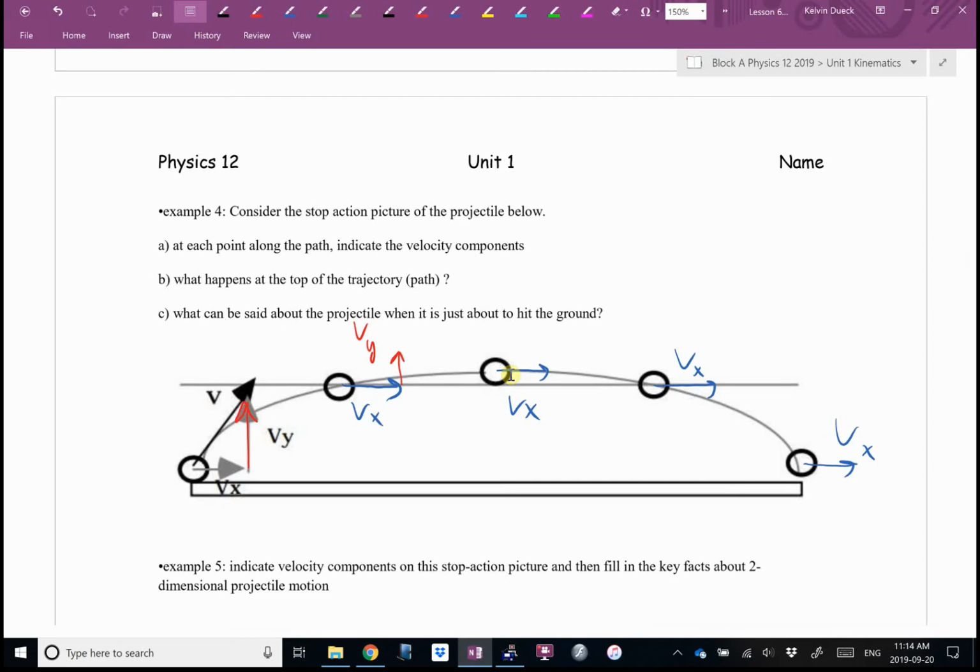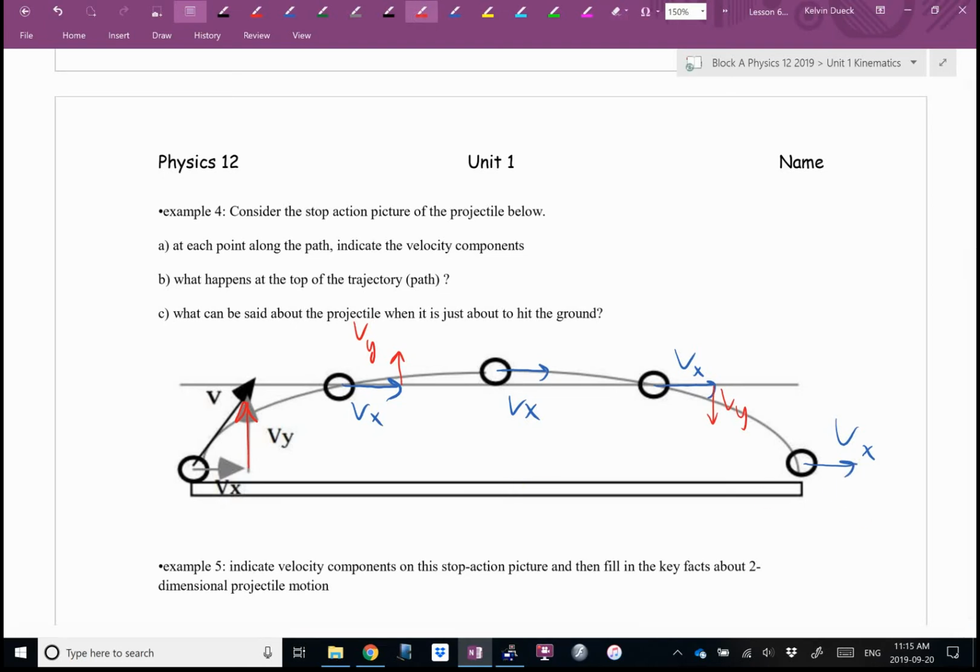What about on my way down? Well, now I'm going to start to speed up. But do you notice this and this are the same height? The downwards vertical component would be the same magnitude as the upwards vertical component right there. In other words, I'm going to eyeball it, but I want my downwards line, Vy, to be the same size as that one, because what goes up must come down. They'll be at the same speed, at the same height, one positive, one negative. And in fact, right when we hit the ground, our impact velocity, the vertical component on the way up will be the same magnitude as the vertical component on the way down, but negative.